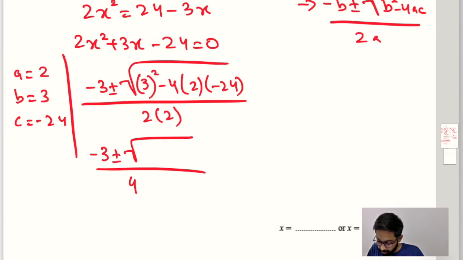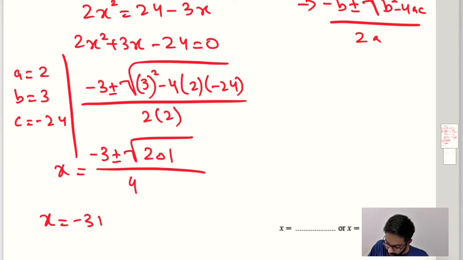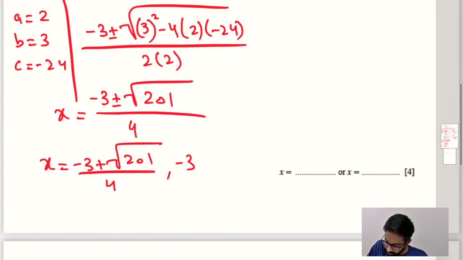What do I get? I get 201. Now x is equal to one of the values. So x is either equal to the positive value of this, which is negative 3 plus under root 201 over 4, or the negative value of this, I hope this is visible, negative 3 minus under root 201 over 4.